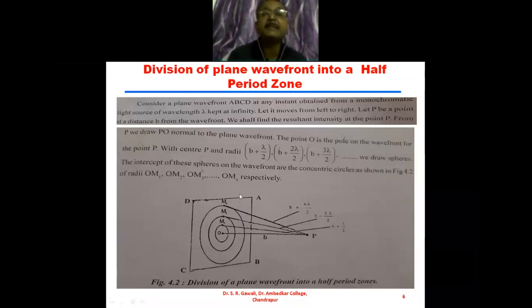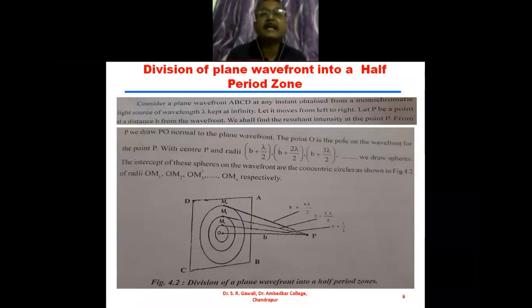ABCD is a plane wavefront at any instant obtained from a monochromatic source of light of wavelength lambda kept at infinity. The source of light is placed at a very large distance, so that all the rays coming out form a plane wavefront. We must have a plane wavefront.